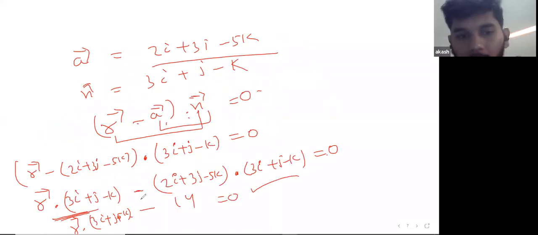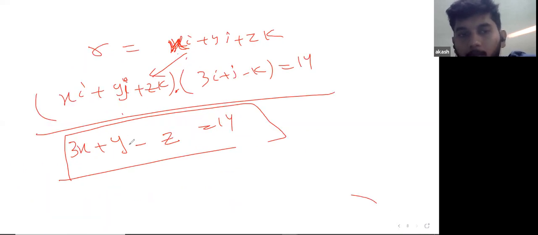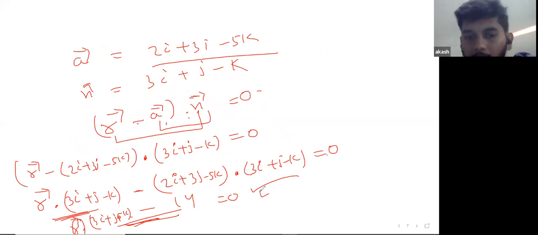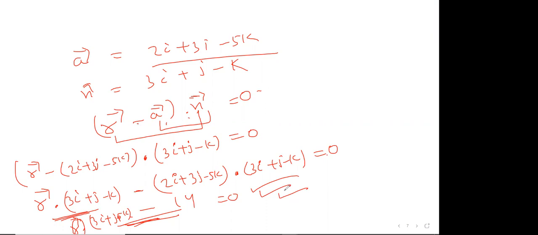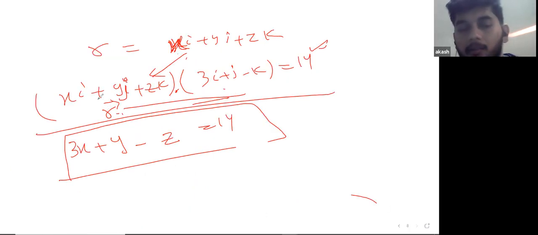This is the answer we got in vector form or scalar form. I just replaced the value of r as xi plus yj plus zk, and then found the dot product. This is the same answer we had before. This is r, right? r dot this equals 14. We had got that 2 minutes back, right? Yes, sir. I just replaced the value of r with this.